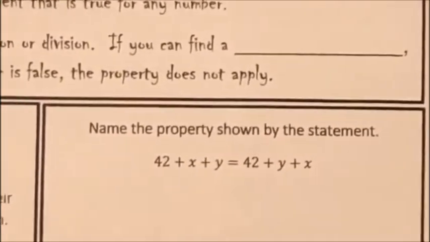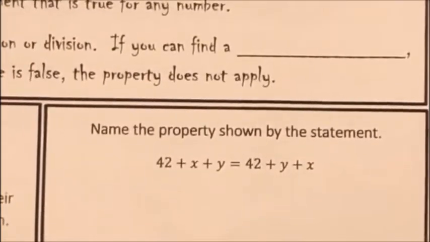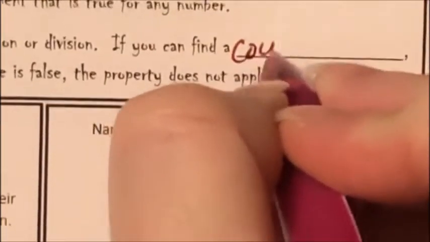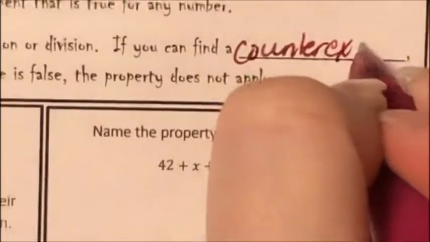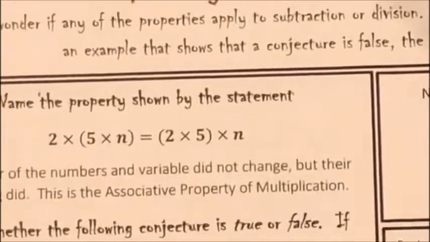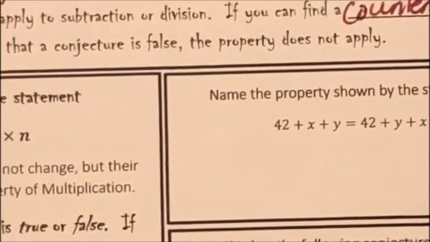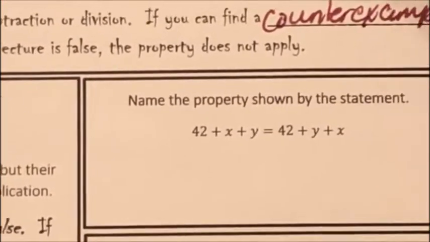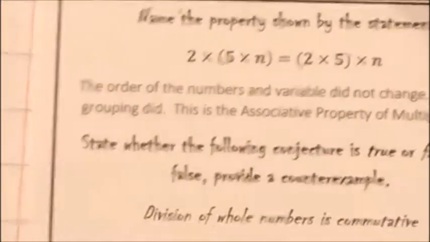If you can find a counterexample, an example that shows that a conjecture is false, the property does not apply. Okay? So let's look at some examples.